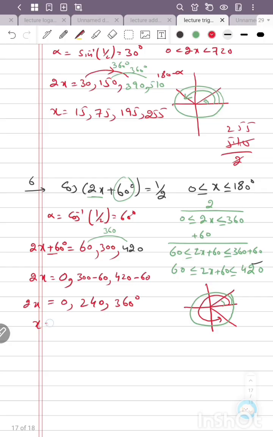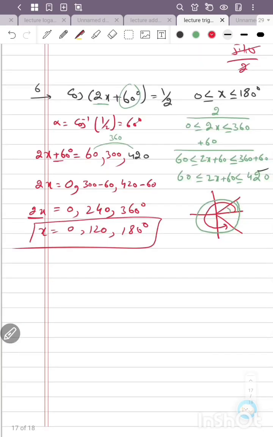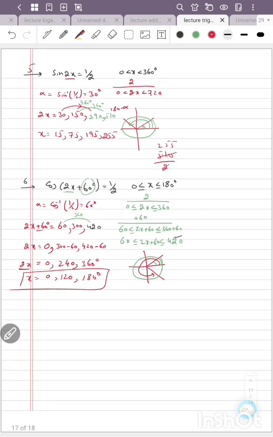Now we divide by 2, because on the left side there is 2x. Dividing by 2, we get 0, 120 and 180. Hopefully, dear student, you understand this question. We will go forward.